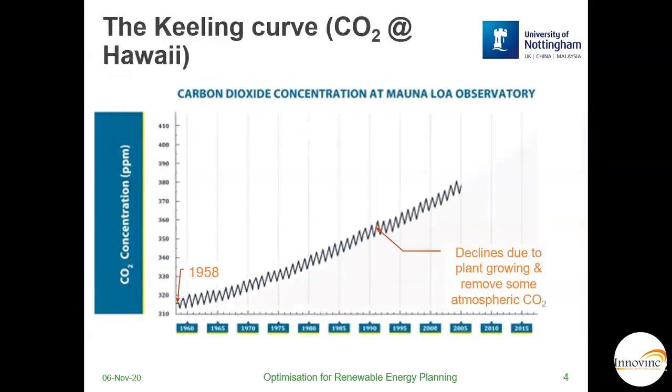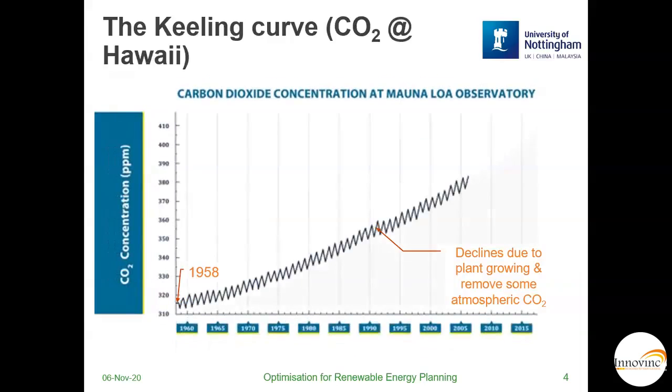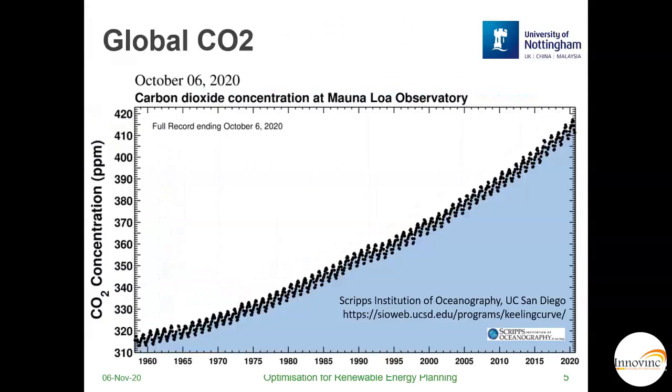This is the famous Keeling curve, which records the CO₂ concentration in Hawaii. You can see that it passed 400 ppm by volume a couple of years ago, during 2013. This chart shows some of the latest CO₂ concentrations, which I took last month.